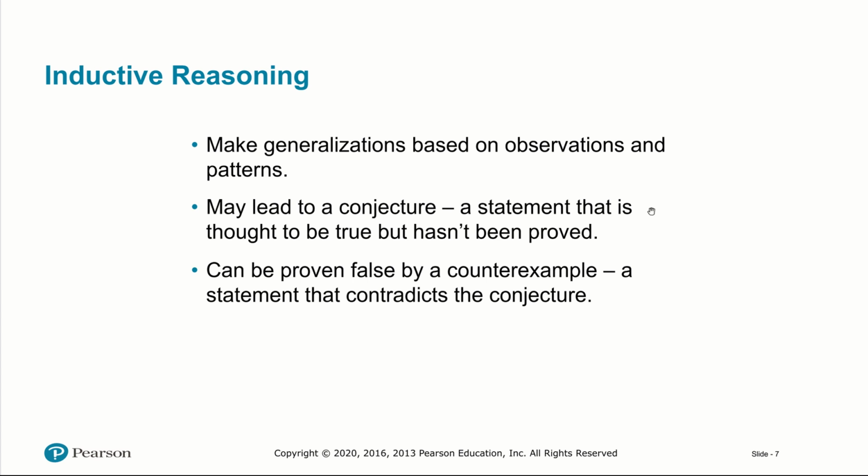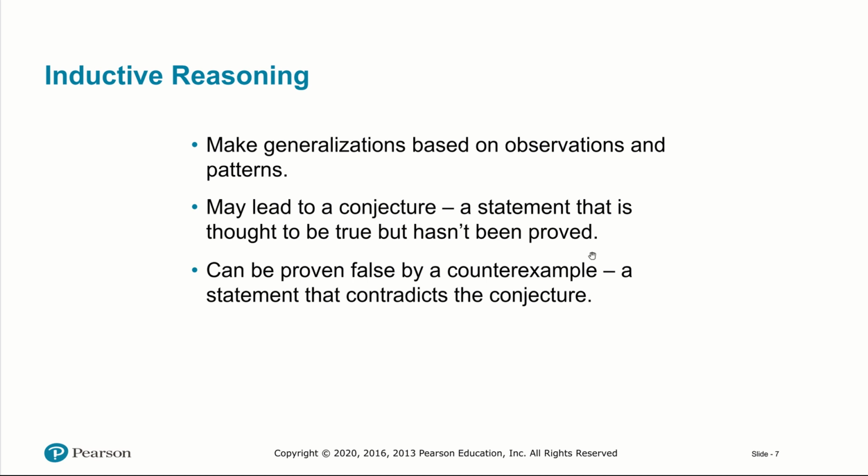Now, should we be able to prove it, then we'll be able to kick into deductive reasoning mode, where we use that general fact which has been proven to reach conclusions about any specific results. So remember, reasoning from specific to general is called inductive reasoning. Reasoning from general to specific is called deductive reasoning.